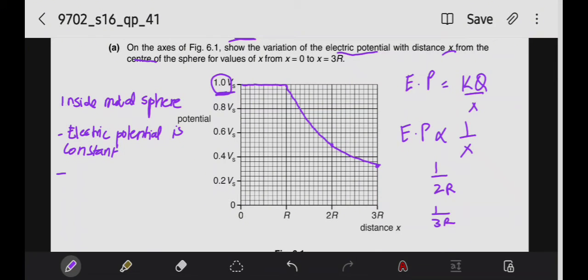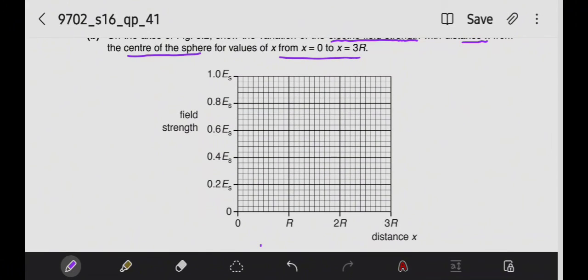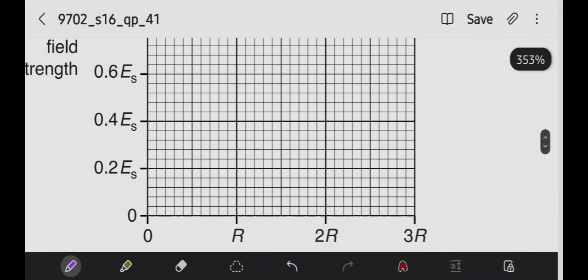Electric field strength is 0. Remember these 2 points. It would be easier to draw these graphs. So from 0 to r, electric field strength would be 0.